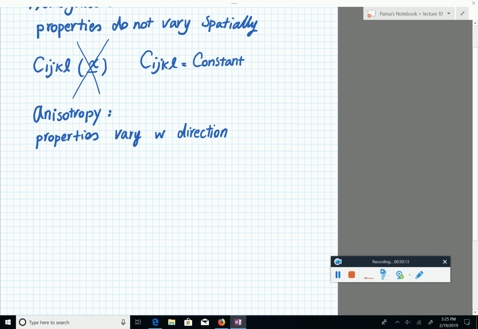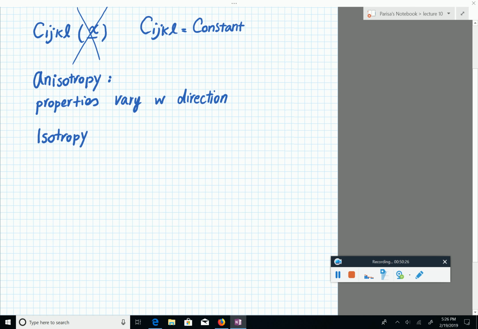So isotropy is kind of the opposite of anisotropy, right? Now I know that a lot of you are from departments who deal with metals. So metals, you have a lot of grains, but most of the time we consider them to be isotropic.